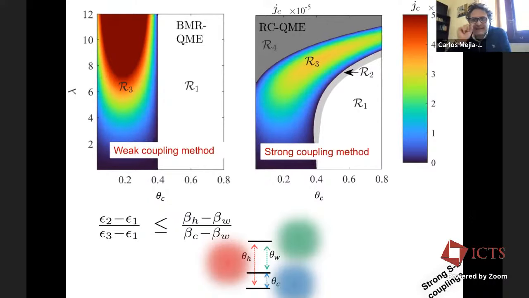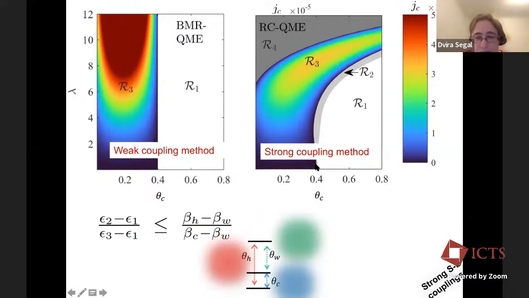Taking advantage that we are on this figure, I noticed, maybe related to what Rafa was asking, that by using the strong coupling method, you see a slight difference also in the weak coupling limit.